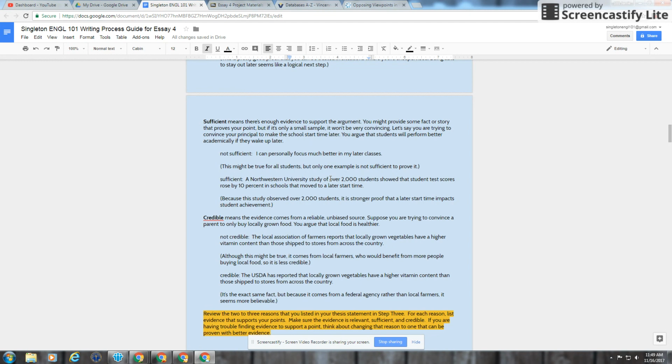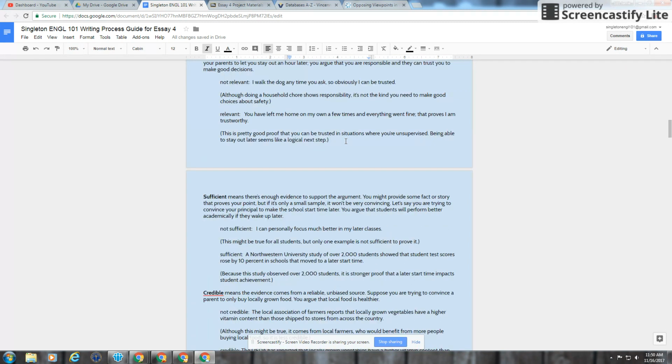Well, just because the people who farm here locally tell me that, it may be true, but I don't know if I can believe them because they're not the people in charge of determining vitamin content in an item. But if I said the USDA had reported that locally grown vegetables have a higher vitamin content than those shipped to stores, that's a little more credible because the USDA actually is in charge of determining vitamin content there.